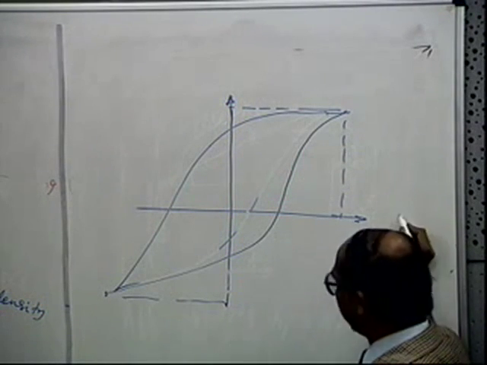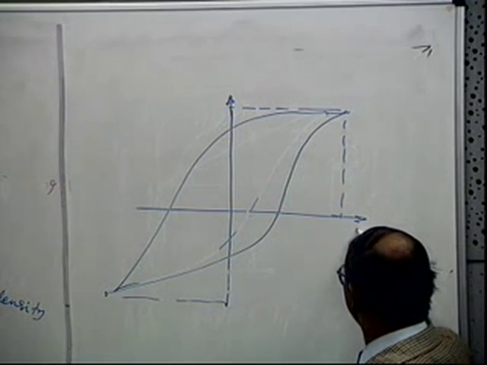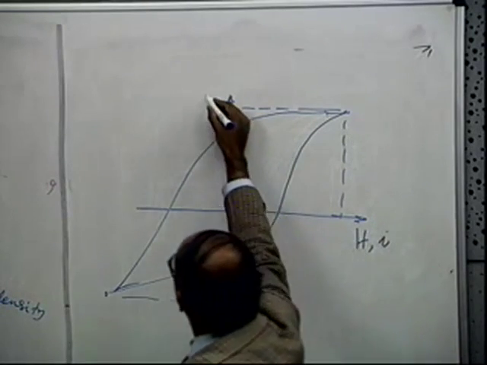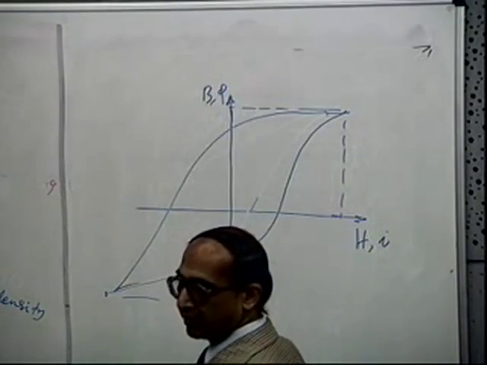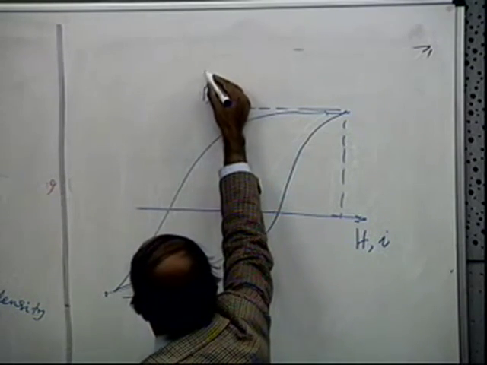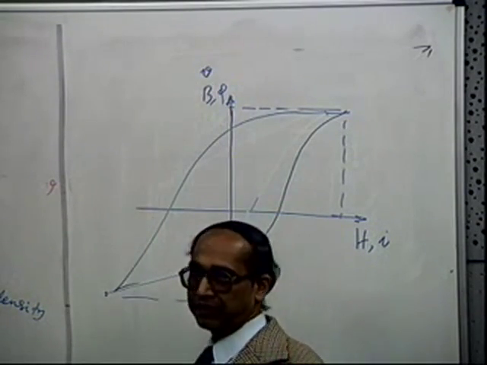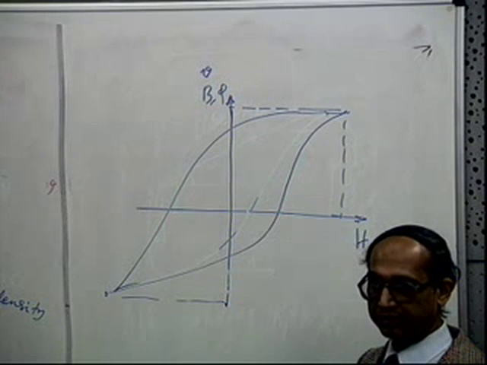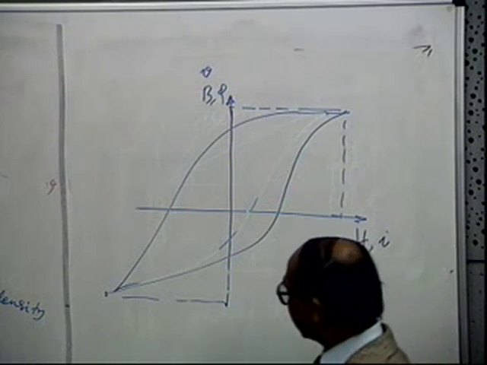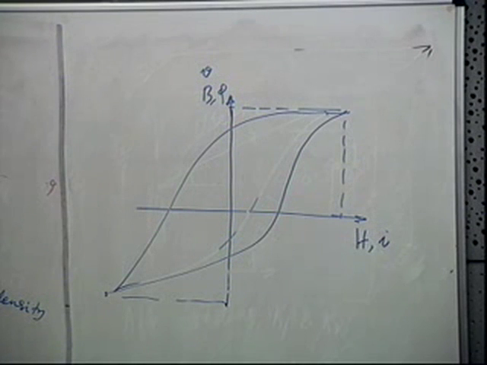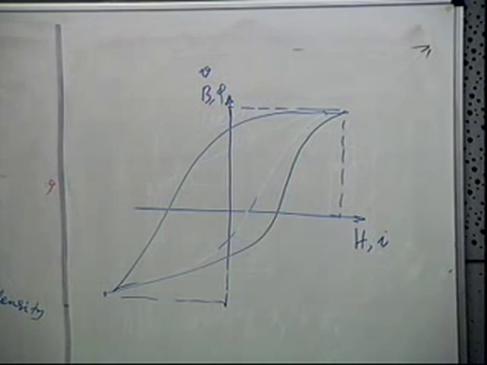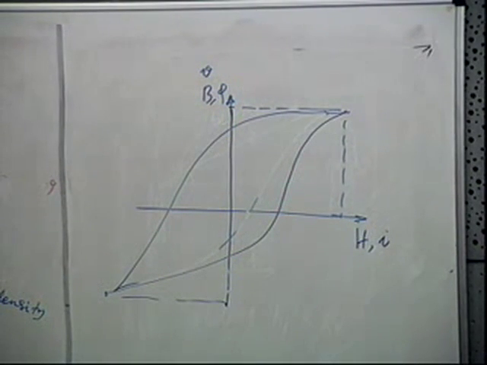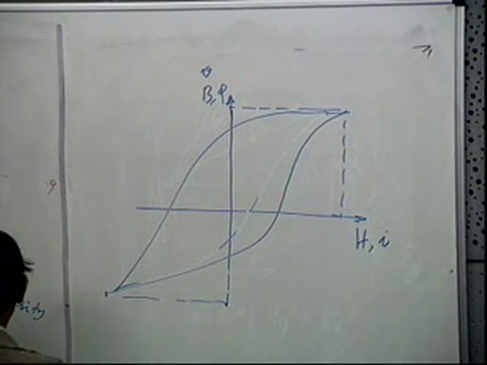The x-axis will be H, and it also tells you the I, and this will be the B. Let us say it also operates the flux, or it has something to do with the voltage, because the flux decides the voltage. Now if your applied voltage is sinusoidal, then what will the flux variation be? That should also be sinusoidal, except that it will have a phase lag of 90 degrees. Okay, so let us draw this.